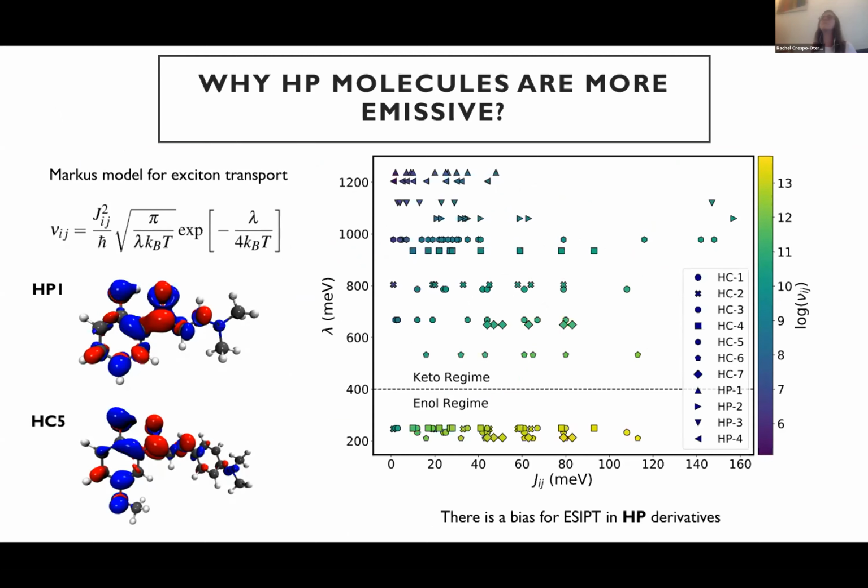So when you have competition between enol formation and keto formation, if the keto formation is really likely, the electronic density will localize on one of the units, and electron transfer is extremely unlikely. So this is what happens for HP1, and this is also what happens for HC5. While in the case of HC1, you have a competition between enol and keto form relaxation.